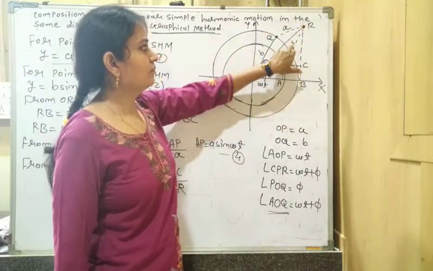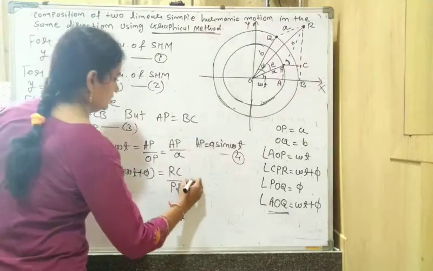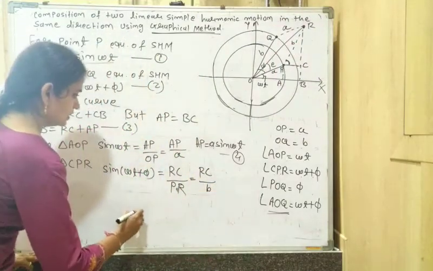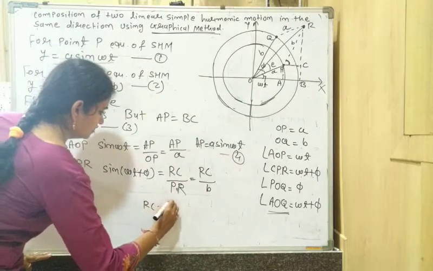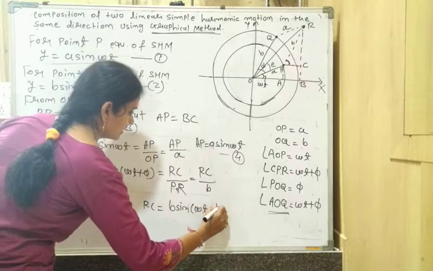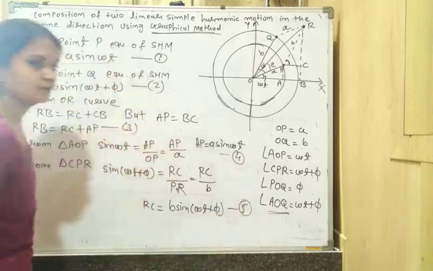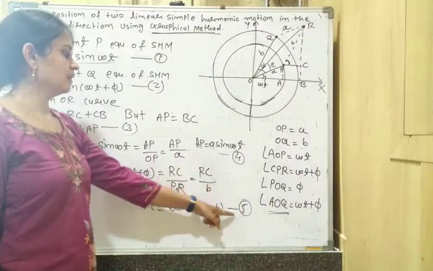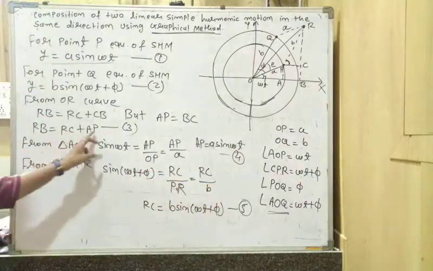Now PR is again B. So RC upon B. So RC is equal to B sin omega t plus phi. Equation number 5.